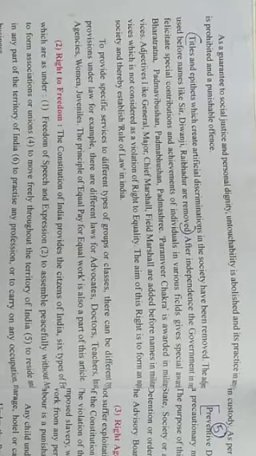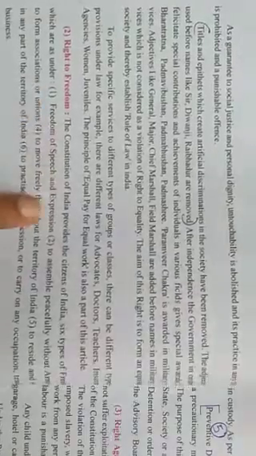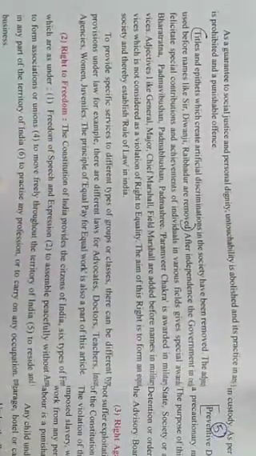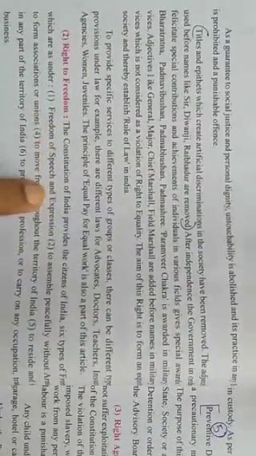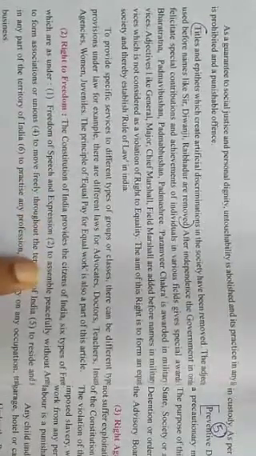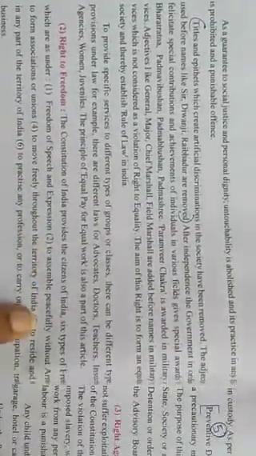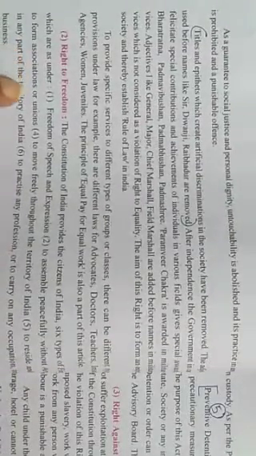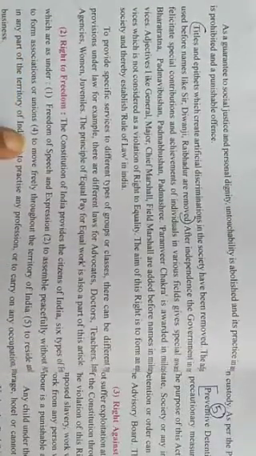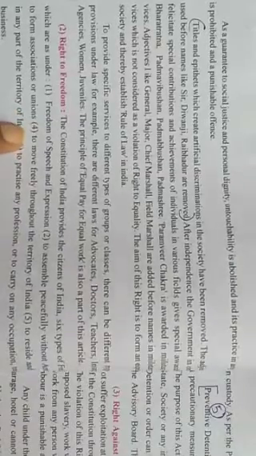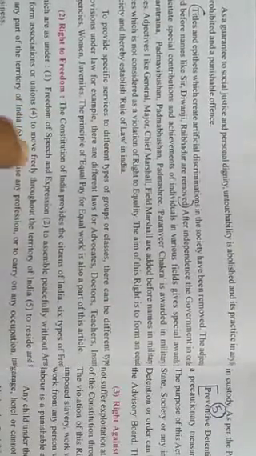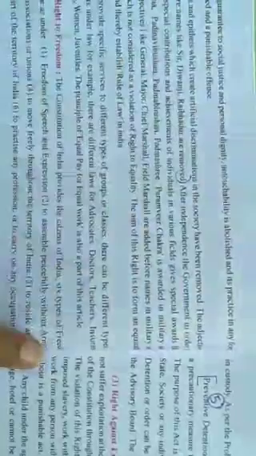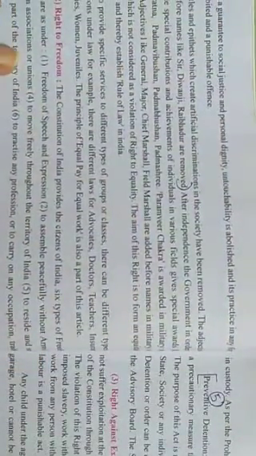Now we will discuss the right to freedom, students. Okay. See, right to freedom has been divided into 6 sections. First one is freedom of speech and expression. Second, to assemble peacefully without arms. Third, to form association or unions.